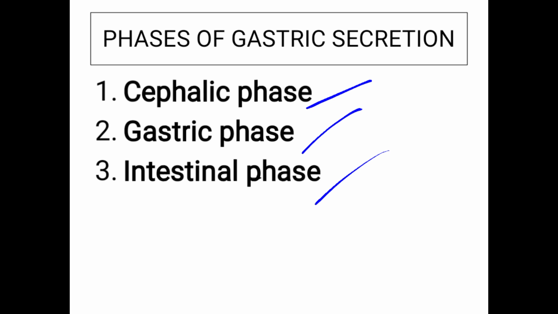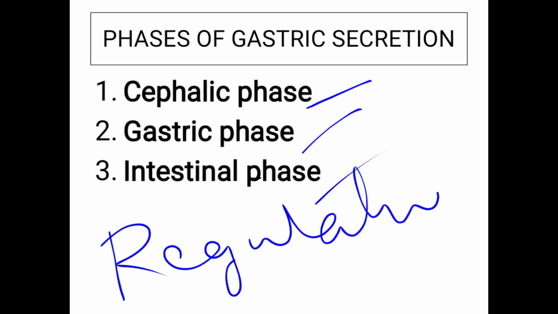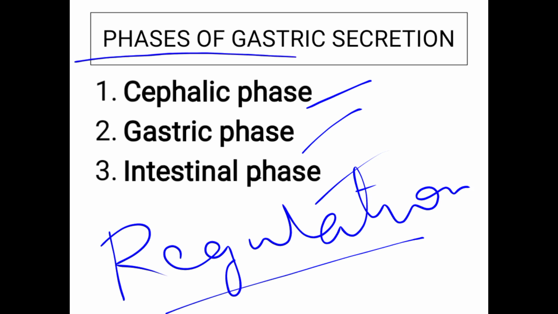The gastric secretion takes place in these 3 phases. This is also called the regulation of secretion. The question is the same: regulation of gastric secretion and the phases of gastric secretion are both the same.